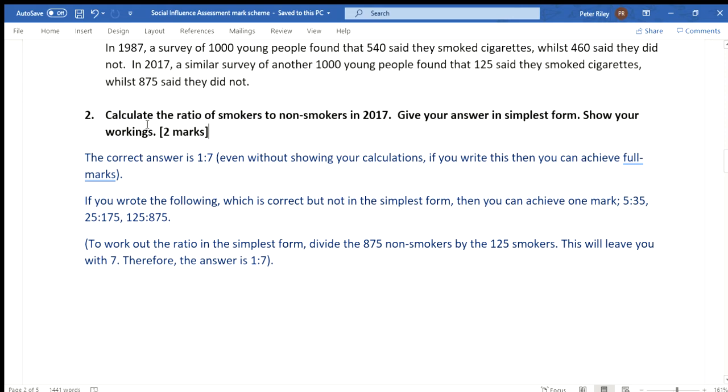Now, I always refer to these kind of questions to my students, usually in year 13 when we're really focusing on learning our exam skills. Try to always show your calculations. Even in the mark scheme, it says we can award 2 marks as examiners if a student has just written the correct answer. I'm always a little bit nervous by the fact that in the question they say that you're expected to show your calculations, to show your workings.